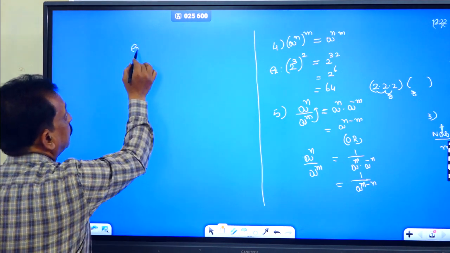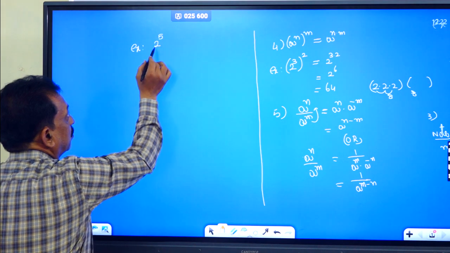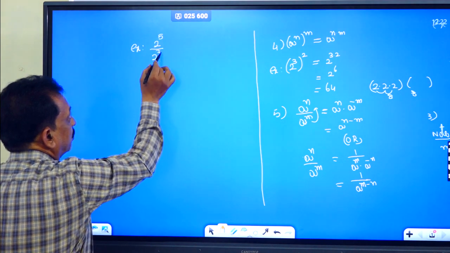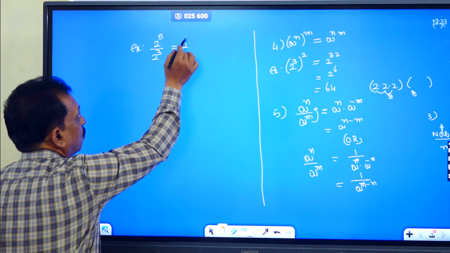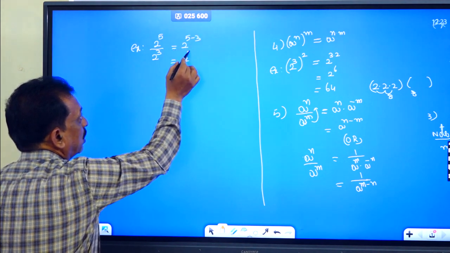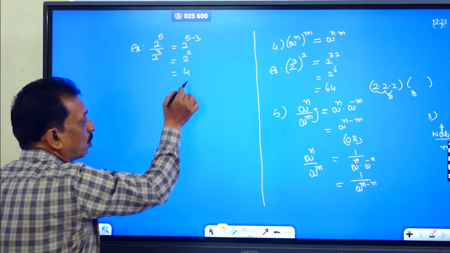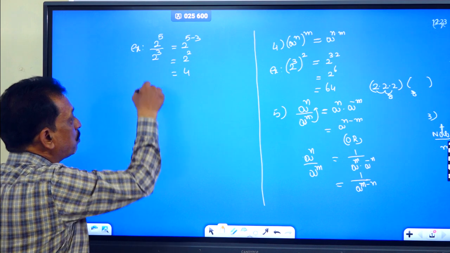See here, take an example: 2 to the power of 5 by 2 to the power of 3. That is equal to 2 to the power of 5 minus 3, which I am going to write directly, that is equal to 2 square, which is equal to 4. Now, the same one, I have to bring it down.